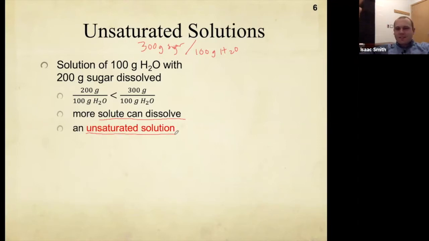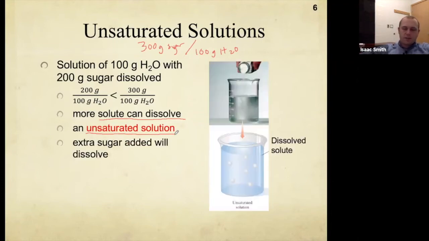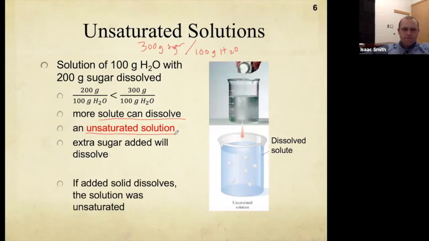Basically, you can continue to dissolve the solute until the saturation point. After that, it doesn't dissolve anymore. So if you add a solid like sugar to water and it does dissolve, then you would know that you had an unsaturated solution. If it doesn't, that's a saturated solution. That's kind of your test there. Okay, so those are just some terms that you need to know. I think that's the biggest thing to pull from these last couple slides.